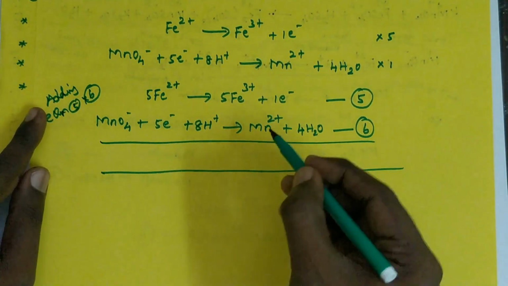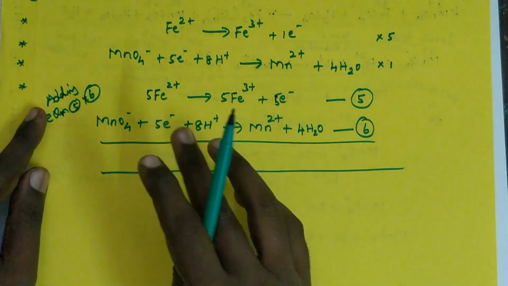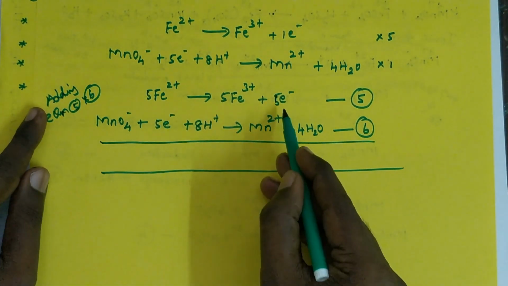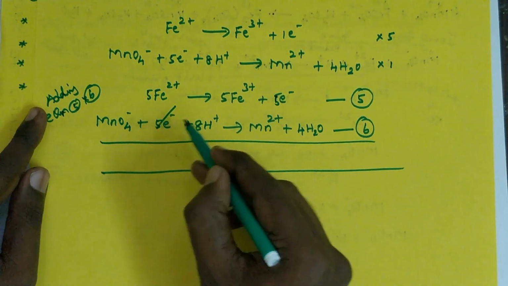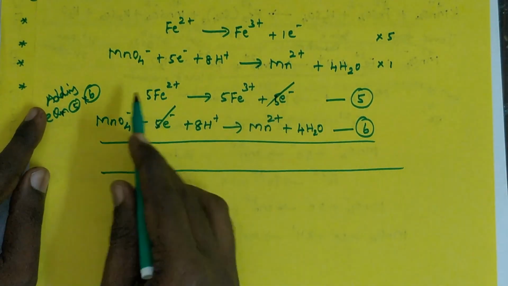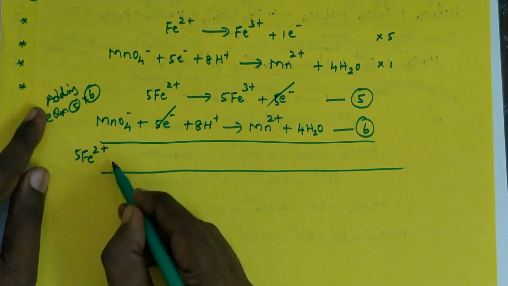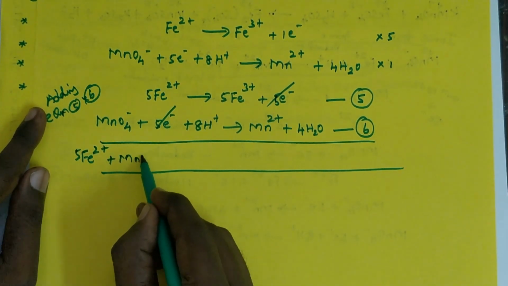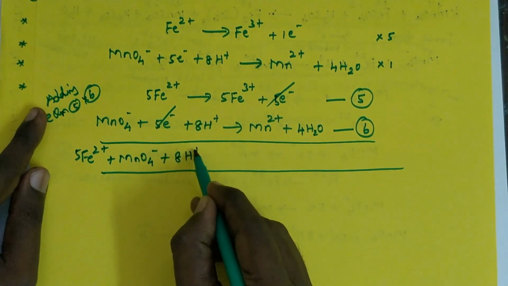When you add this equation, you see which one is common on both sides. Only the 5 electrons are common on both sides, so cancel these 5 electrons. So the remaining left hand side has 5Fe2+, MnO4-, plus 8H+.